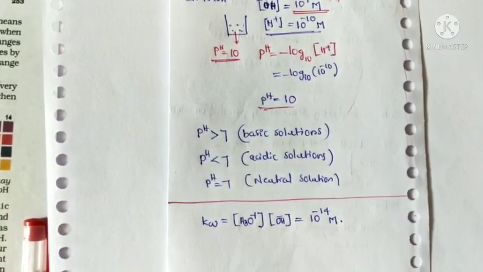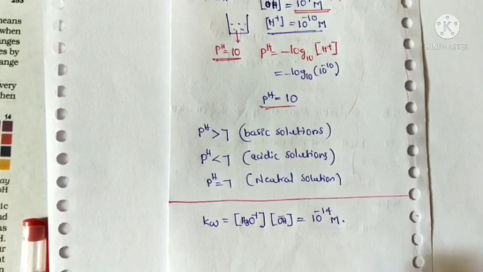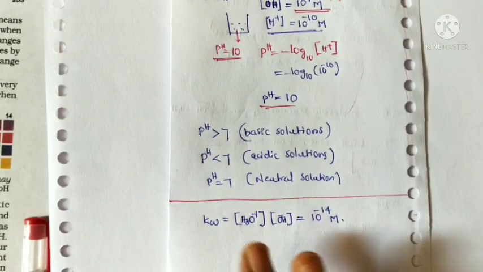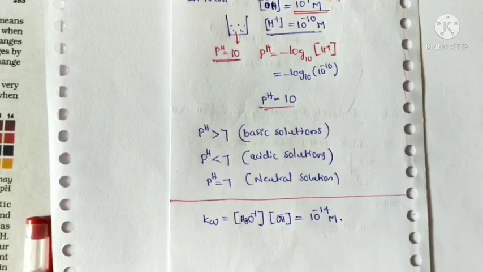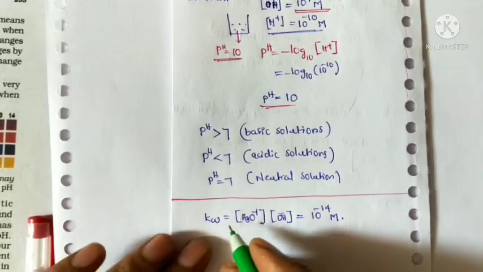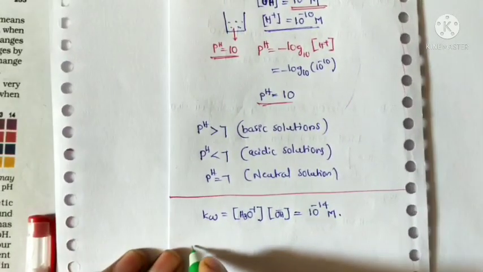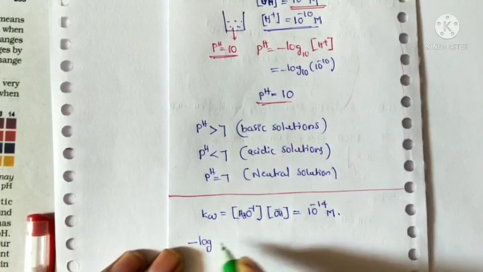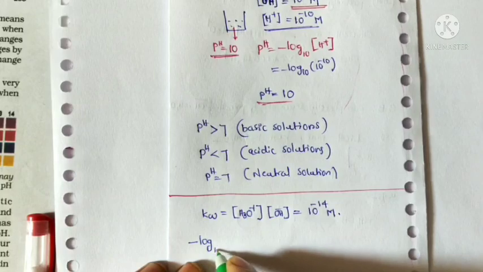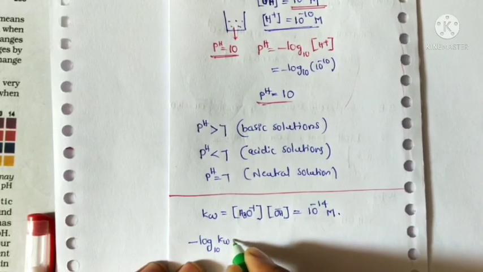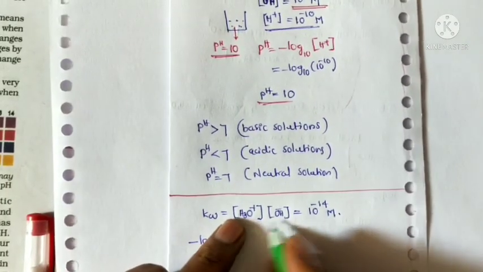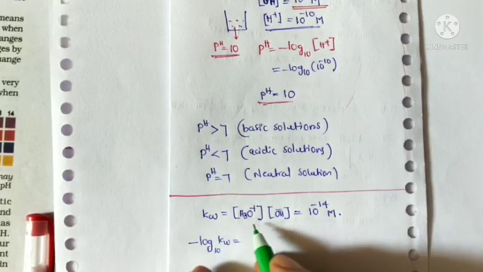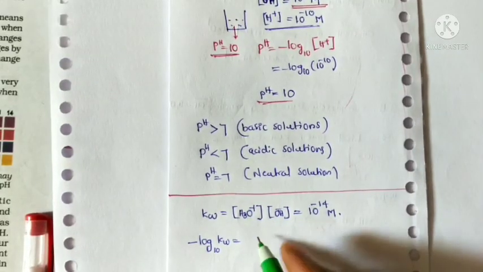Now apply the negative logarithm throughout, that is, the negative logarithm of Kw, where for a product m times n the logarithm becomes m plus n.